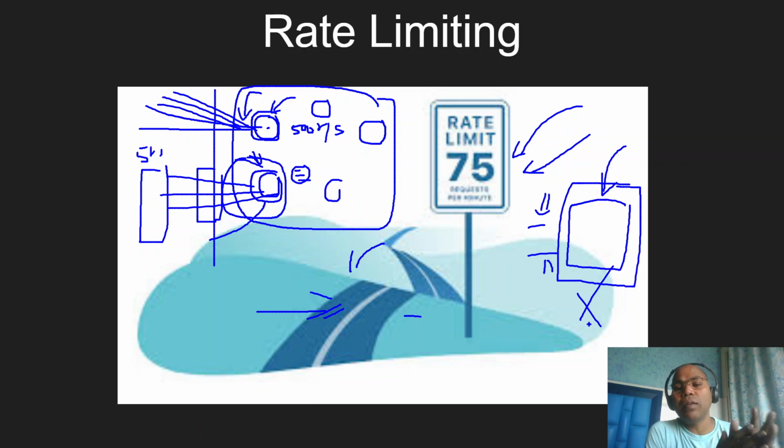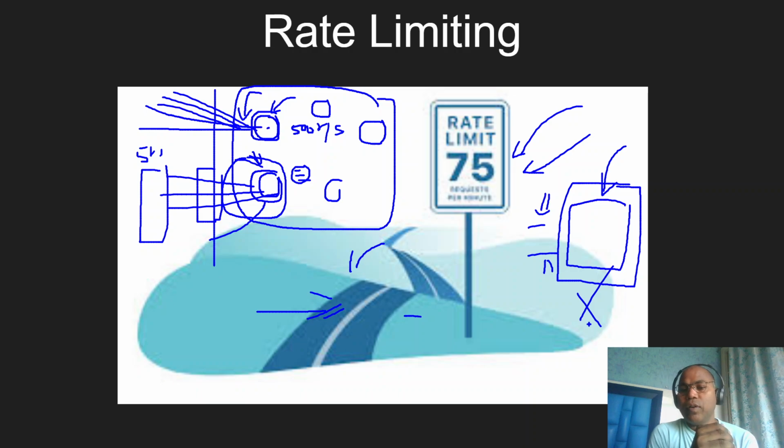There are multiple alternative approaches, but surely rate limiting ensures that our systems work as expected.